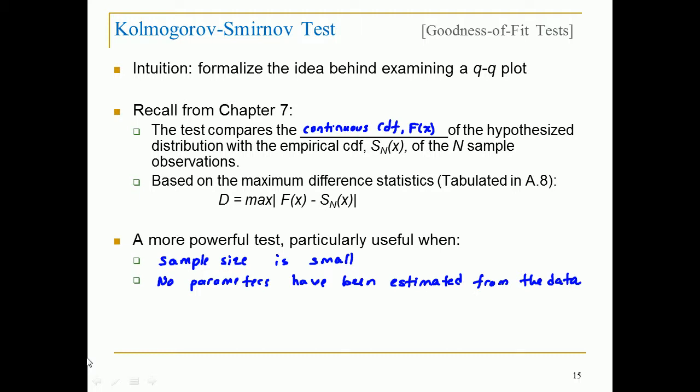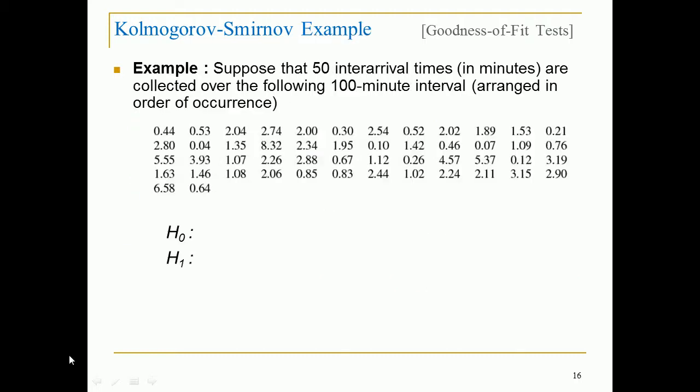So next, I'm going to show you an example. Suppose that 50 interarrival times in minutes are collected over the following 100-minute interval. So we are looking at a 100-minute interval, and we are collecting the interarrival times for these entities. They are arranged in the order of occurrence.